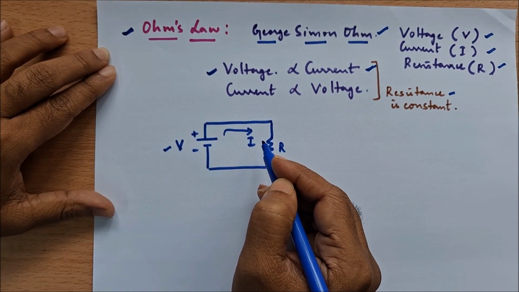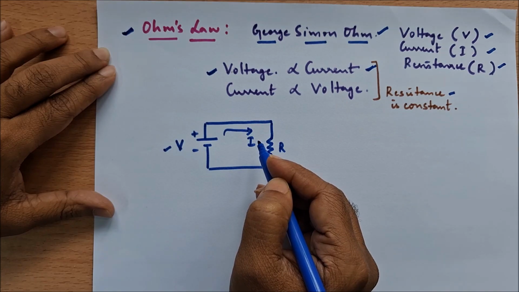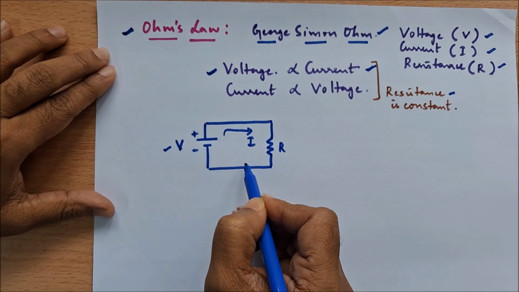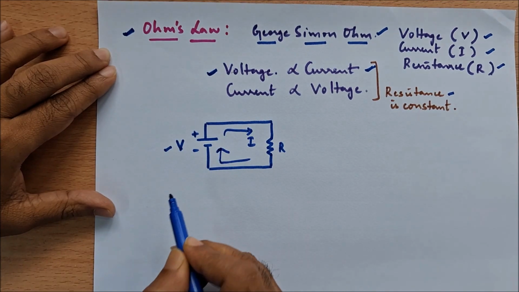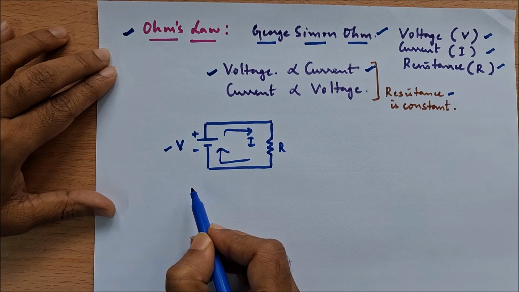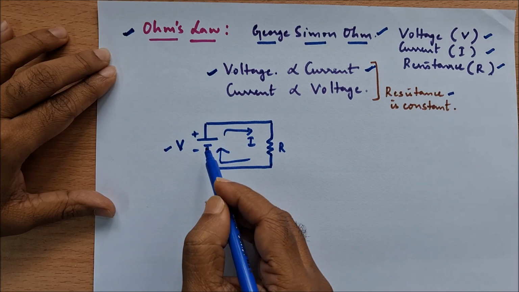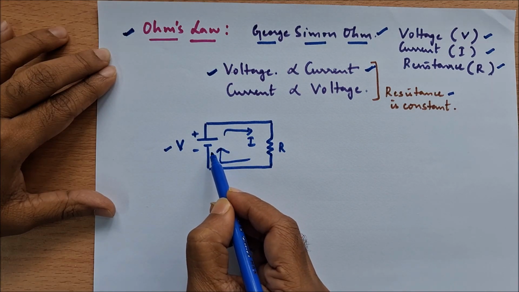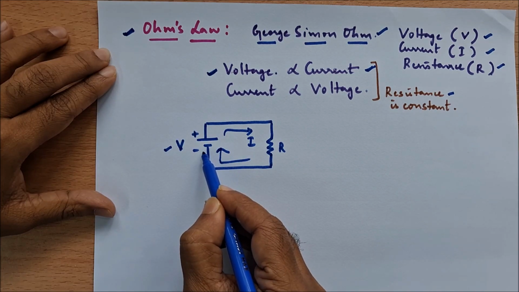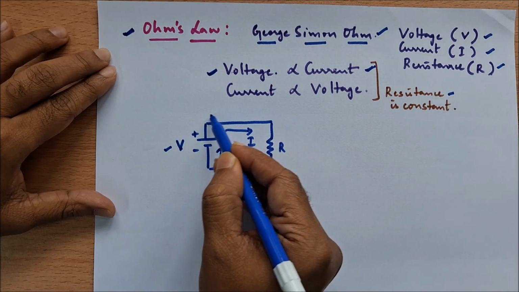As per the conventional current terminology, we say that the current flows from the positive terminal to the negative terminal. If we consider the direction of the electron flow, it will be in the opposite direction, which means electrons always flow from the negative terminal to the positive terminal.